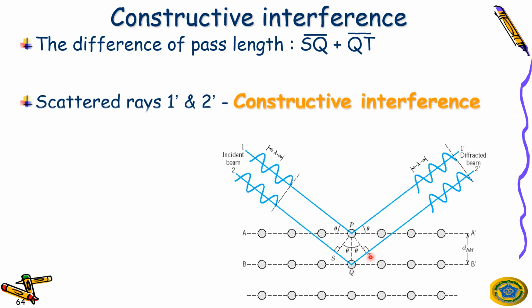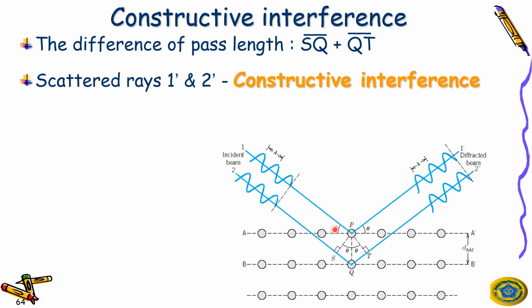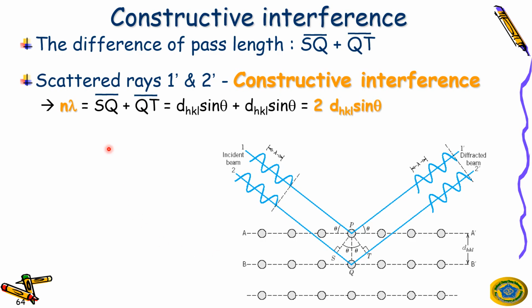You know the angle, and if this is constructive interference, the path difference needs to be an integer number times the wavelength, right? That's why you can have constructive interference, and this n lambda, an integer number times the wavelength, equals this one.